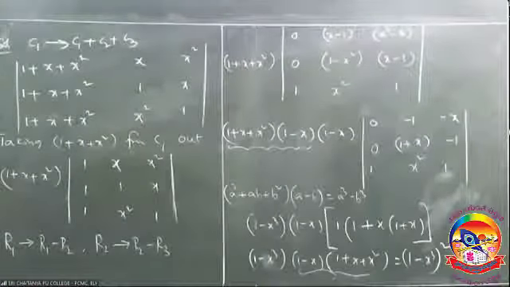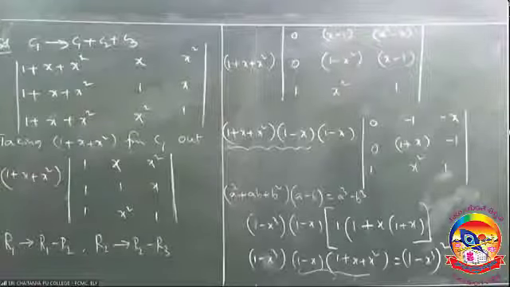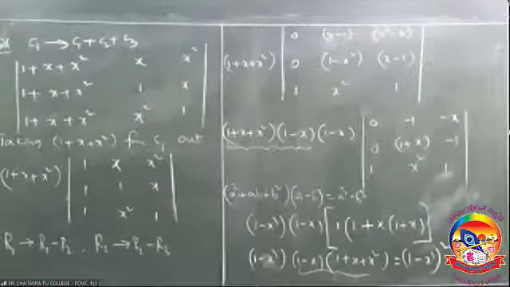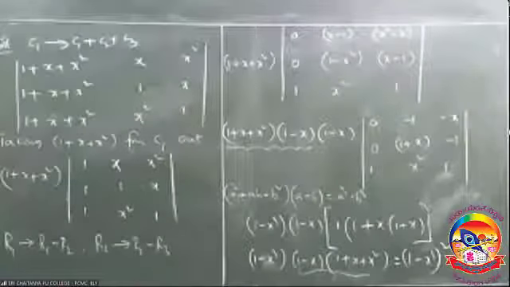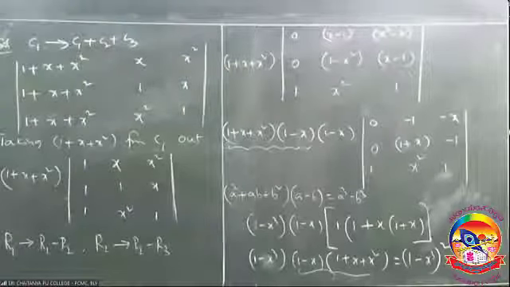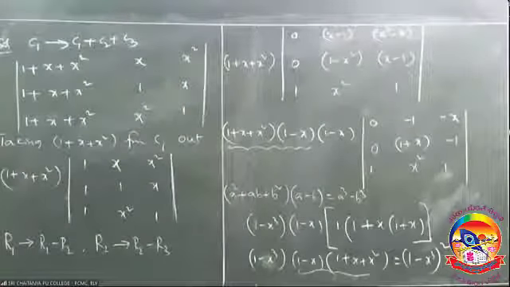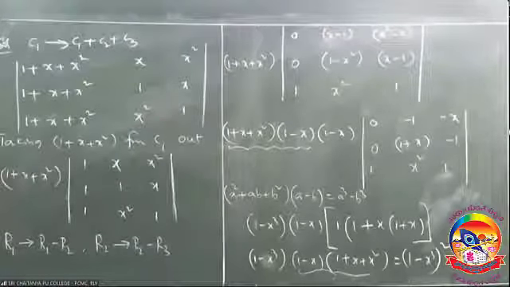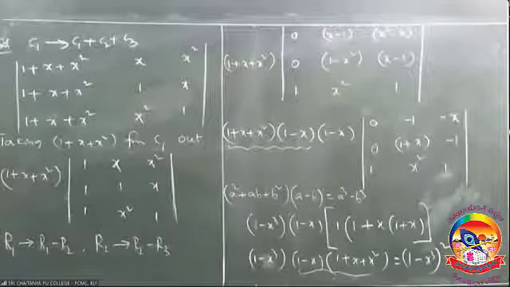Observe the first step. C1 changes to C1 plus C2 plus C3. If I add 3 columns, I am going to get the first column as 1 plus x square, 1 plus x square, 1 plus x square as first step, that is first column.